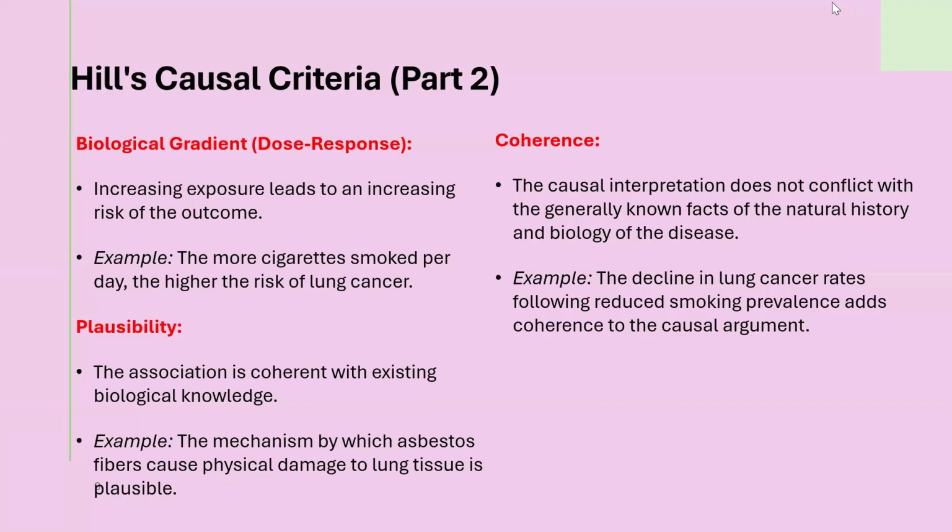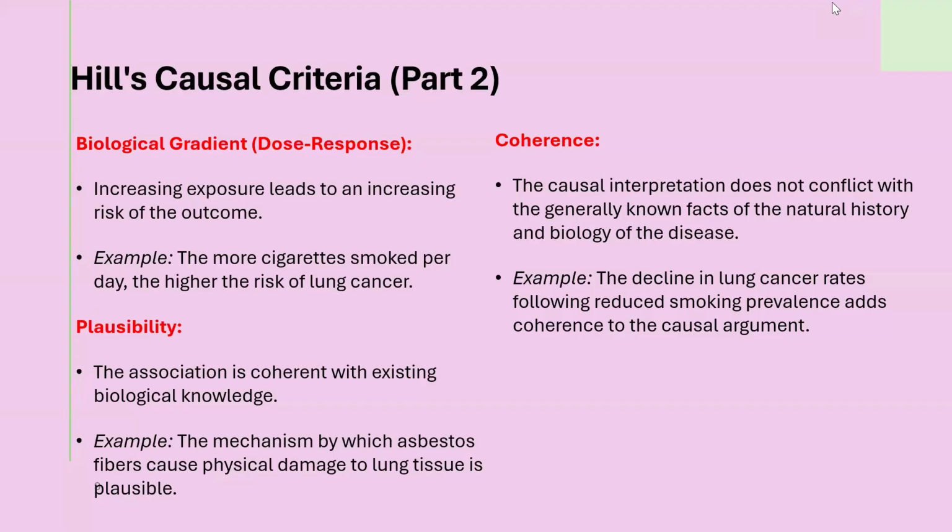So that is what this dose response or biological gradient really talks about. You can have two people get infected with an organism, but the person that gets infected with more dose of that organism is more likely to get that disease. So that's the biological gradient.